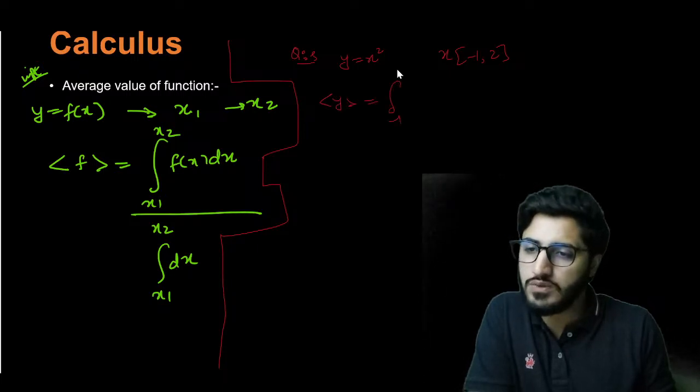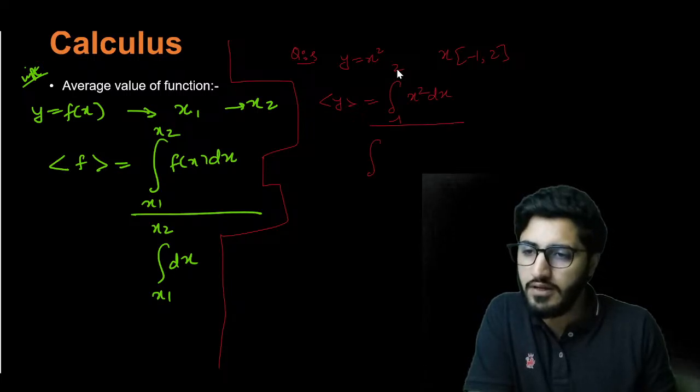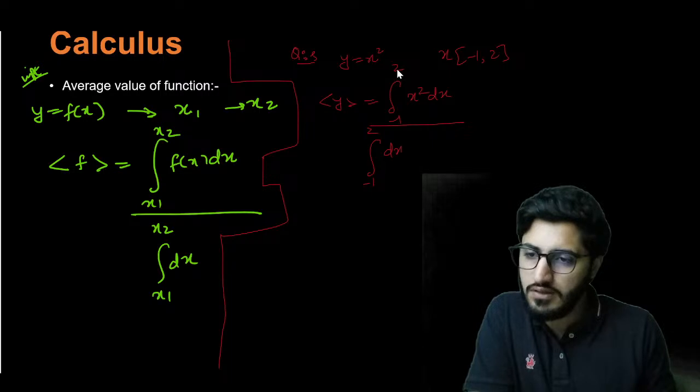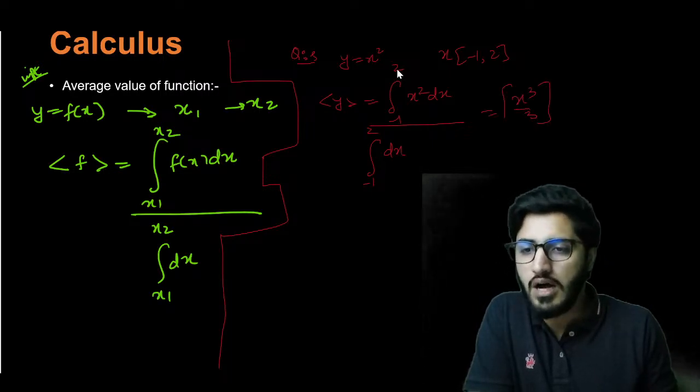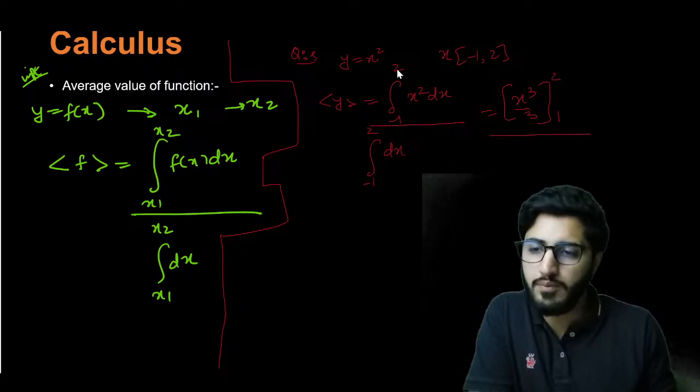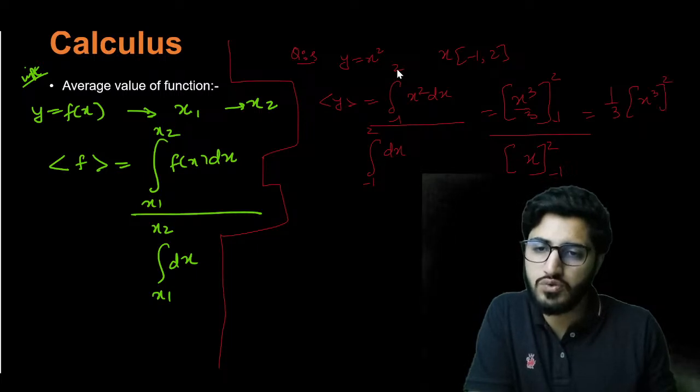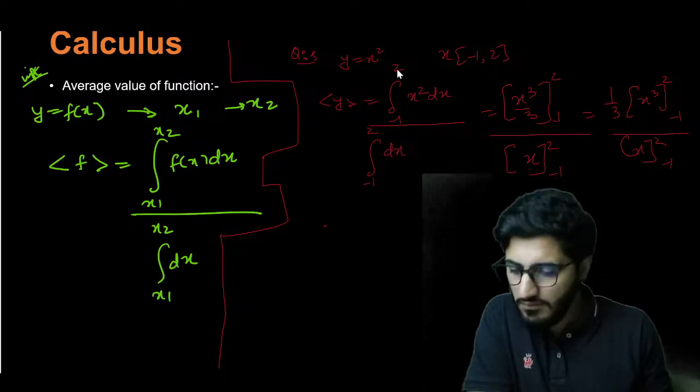It is the integration from -1 to 2 of x square dx, divided by the integration from -1 to 2 of dx. The integration of x square will be x cubed by 3, upper limit 2, lower limit -1, whole divided by the integration of dx, which will be only x, upper limit 2, lower limit -1. So I can take 1 by 3 outside. It will become x to power 3 with limits 2 and -1, whole divided by x with limits 2 and -1. Clear? I think it is 1 by 3.